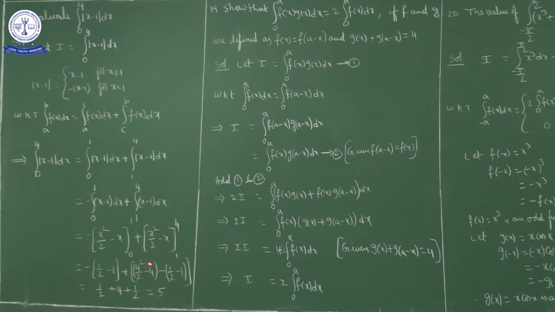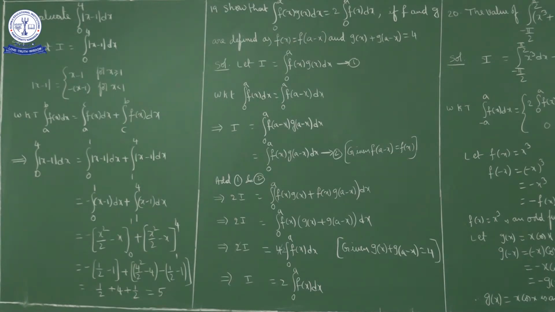In this bracket, 4 square is 16 by 2, 8 minus 4, minus 1 by 2 minus 1. 1 by 2 minus 1 is minus 1 by 2, so minus of minus is plus 1 by 2. So 1 by 2 plus 4 plus 1 by 2. Total how much? 5. That is the answer.